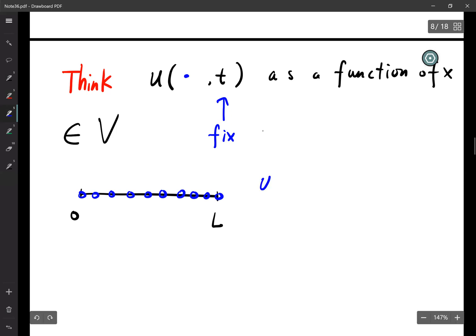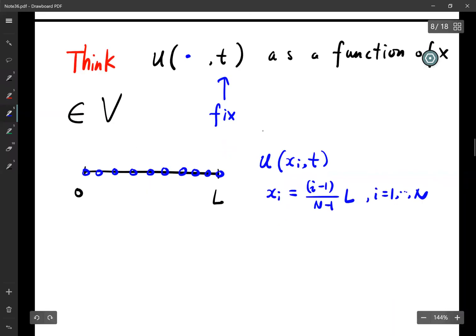Let's say I only look at u(x_i, t), where x_i is (i minus 1)/(n minus 1) times L, where i runs from 1 to n. So immediately I have x_1 is 0 and x_n is L. So I have n points here, uniformly discretizing the space.